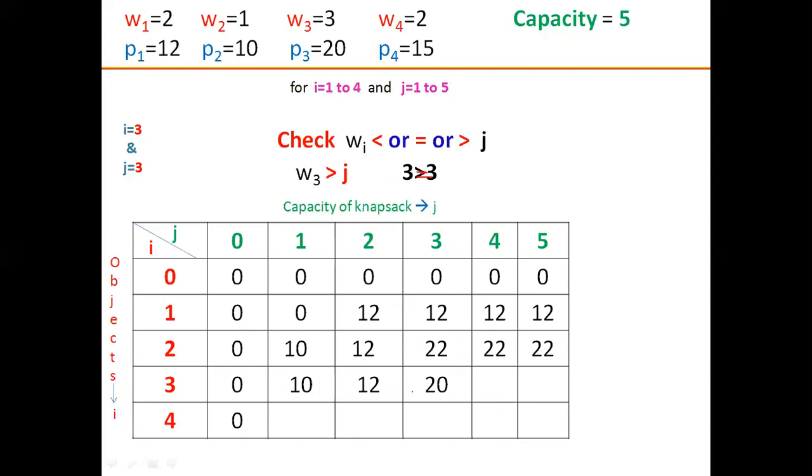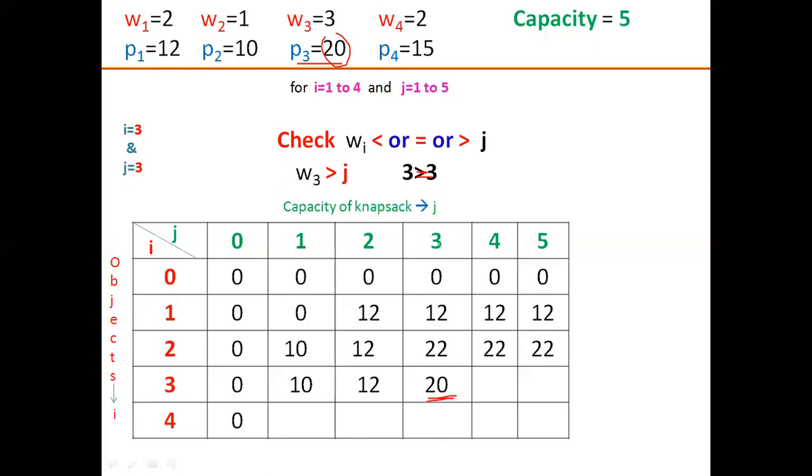If it is equal, I can add. So by adding the third object into the capacity of 3, I'll be earning profit P3. How much is P3? P3 is 20. By adding here, I'll be earning the profit 20.